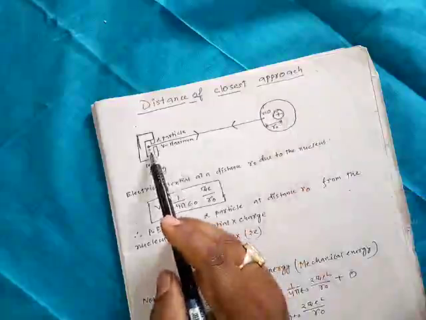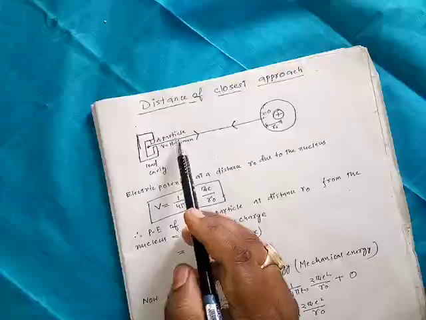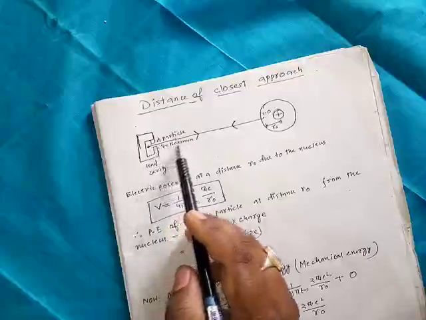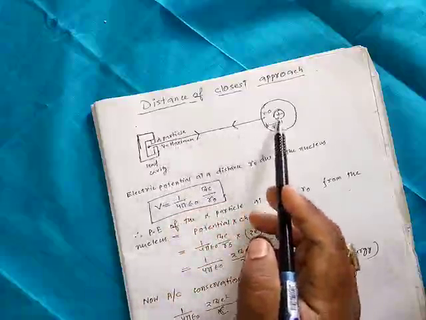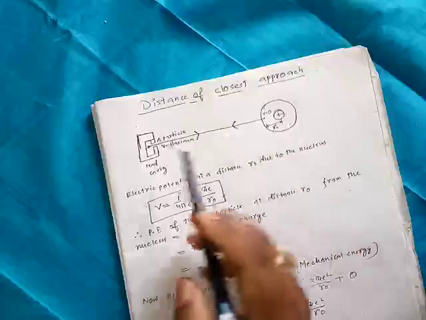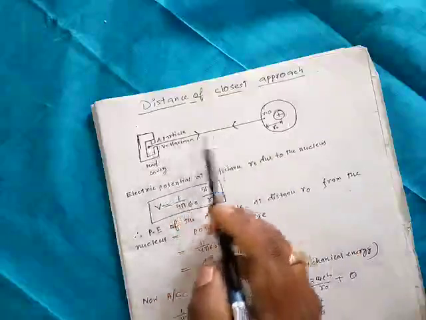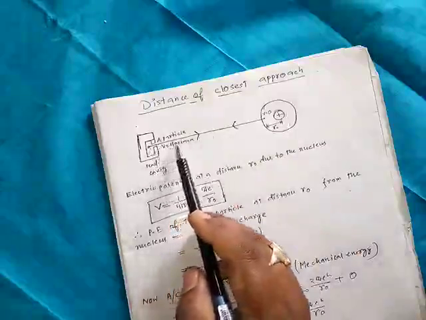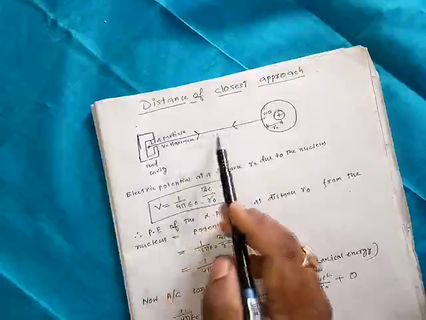Suppose the radioactive source is emitting one alpha particle. Okay, so the alpha particle is moving straight in the direction of the gold nucleus, right? And when this alpha particle is moving in the direction of the gold nucleus, what will happen? Its velocity in its path towards the gold nucleus will go on decreasing.